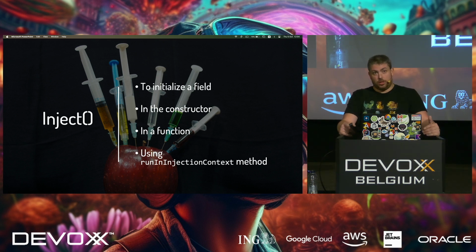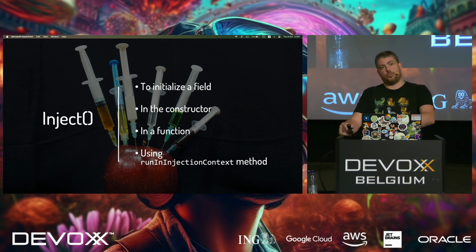If it's not in those cases, you need the fourth line on my slide. You need to use runInInjectionContext. And that way you can use the injection context. But I would not recommend using that except if you really need to, because it makes everything more complicated. You don't know where you inject stuff, you don't know why or things like that, and you can quickly get lost with your injection.